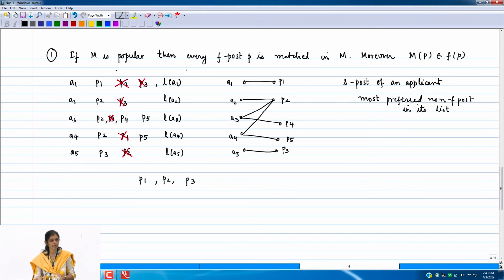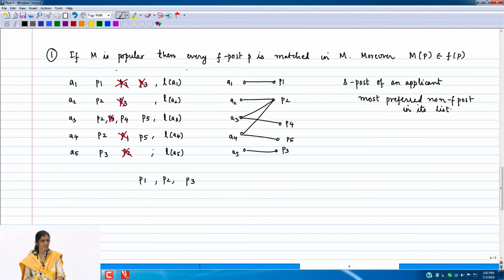These are all dummy posts, just placeholders. We will see that their addition is not going to change the answer to the question, does this instance admit a popular matching or not? Whether they were present or not, the answer will remain the same. But it will make some things easier for us.